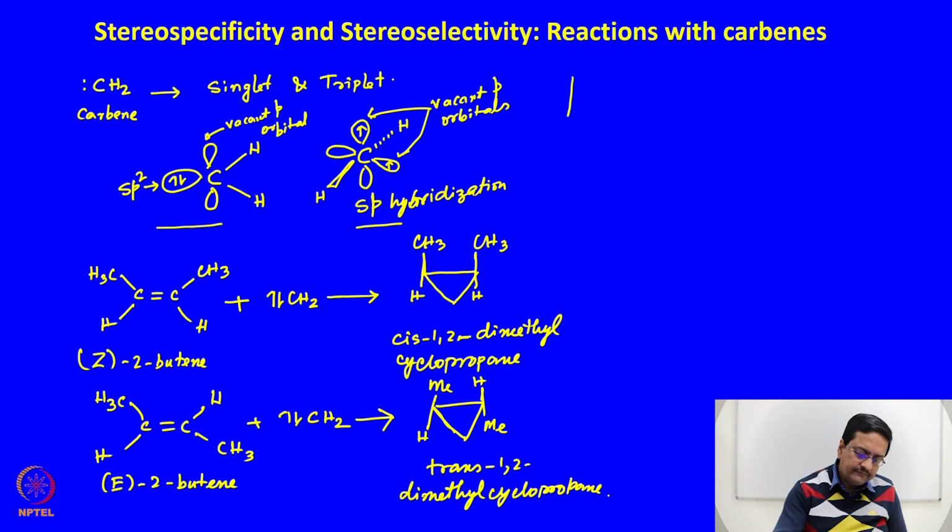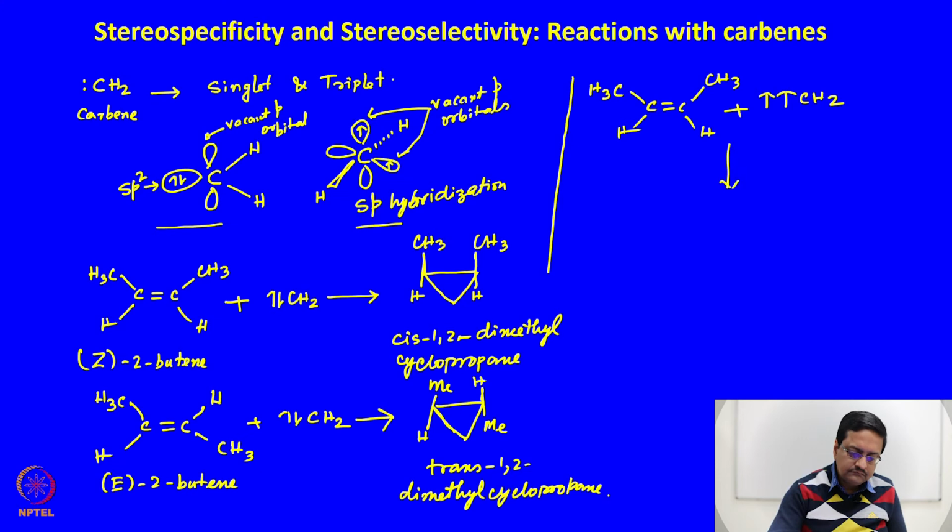On the other hand, if we had done this reaction with the triplet carbene, we would have got a mixture of the cis and the corresponding trans isomer.